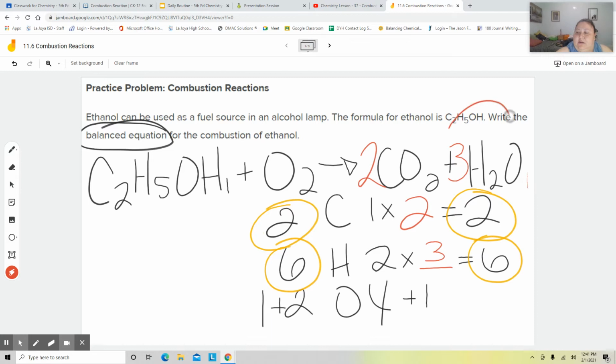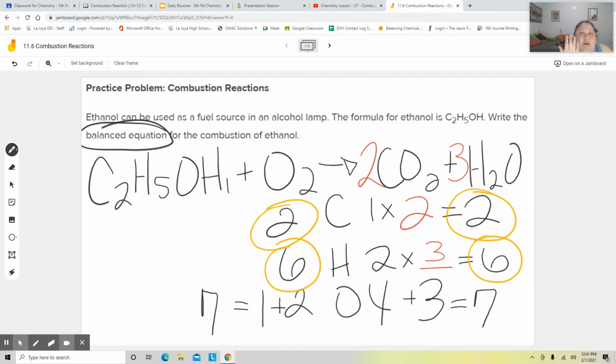But the 1 got multiplied by 3 because of this guy. So 1 times 3. Right, it got affected. So this is not there anymore. It's no longer a 1. I'm going to erase it, and I'm going to put a 3 for a total of 7. So I need to make a 7 here.